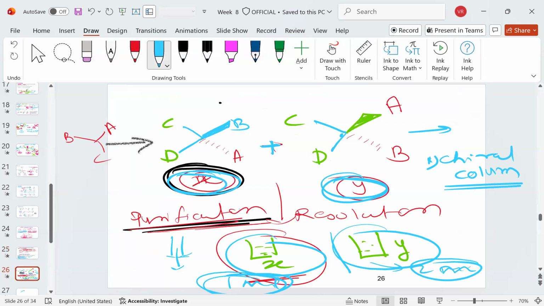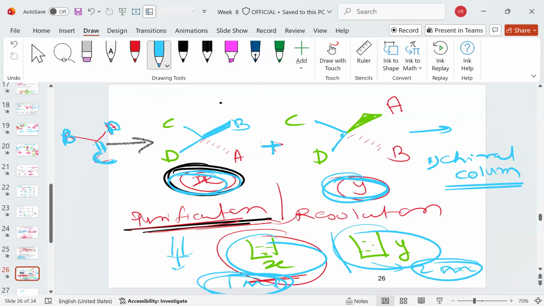So the resolution is basically, let's say I perform one reaction. These are my reagents, and this molecule, let's say like this.